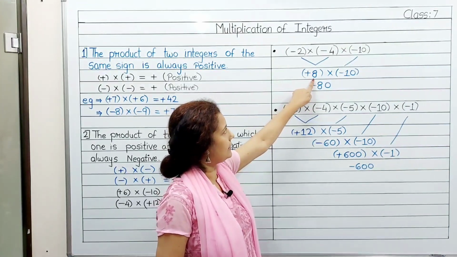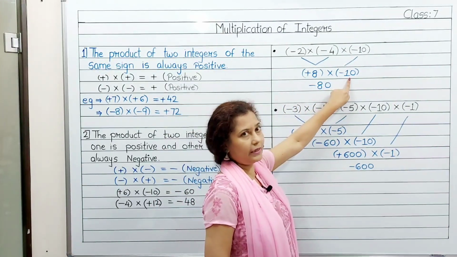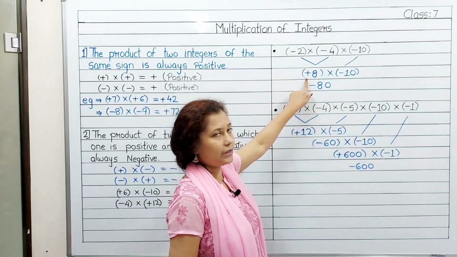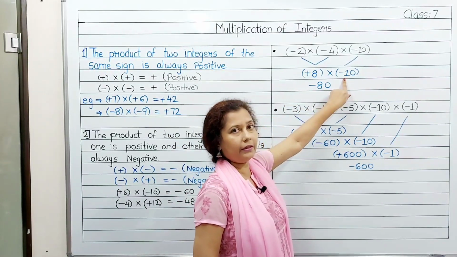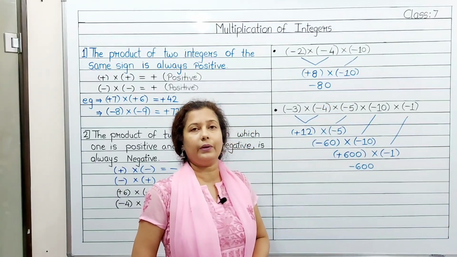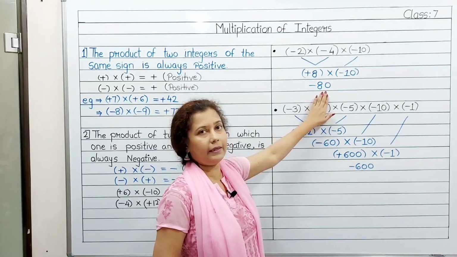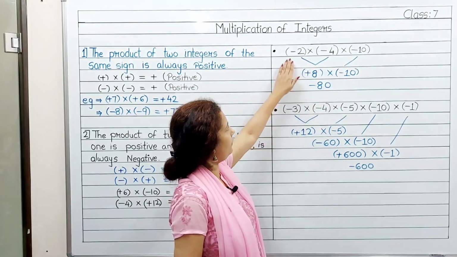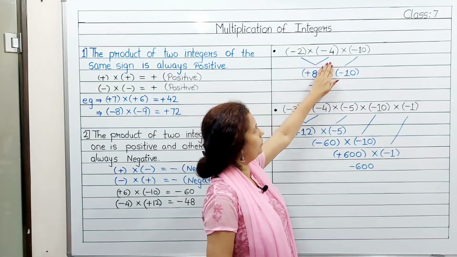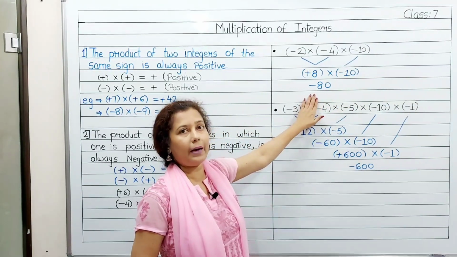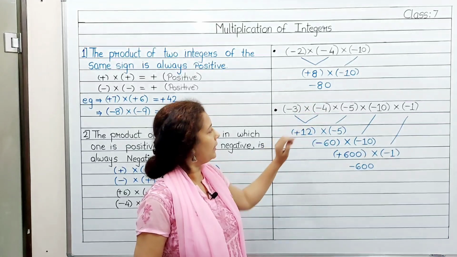So plus 8. Plus 8 into 10. 8 into 10 is 80. Plus positive integer and negative integer. So here the result will be a negative integer. So here the minus 80 is the product. So when we multiply minus 2 into minus 4 into minus 10, we get a product minus 80.